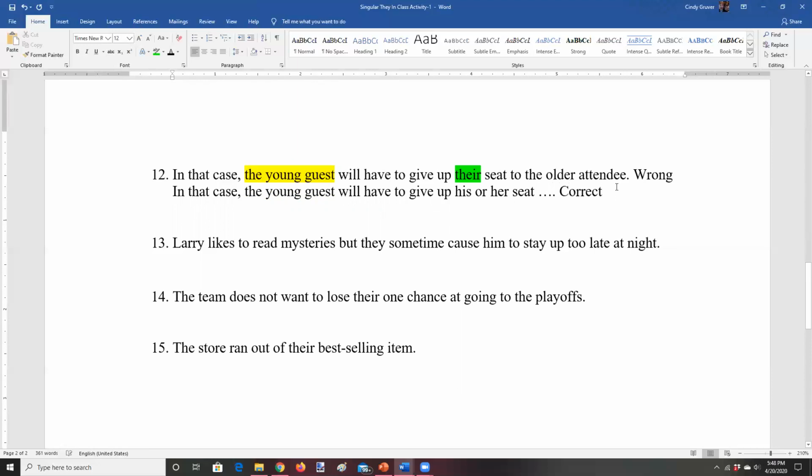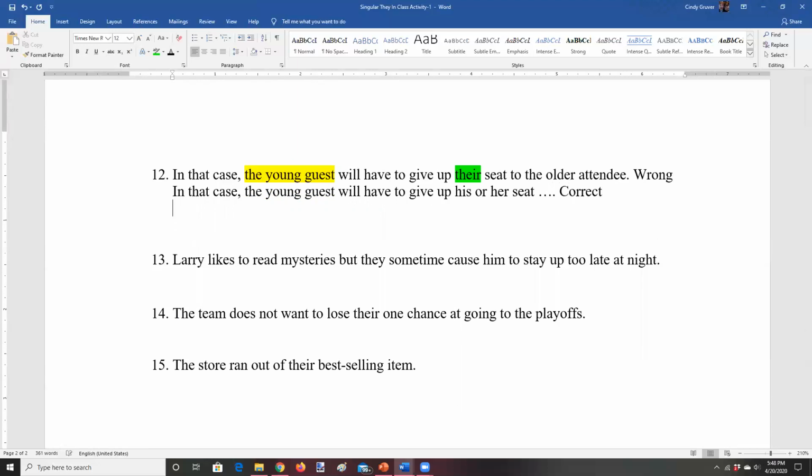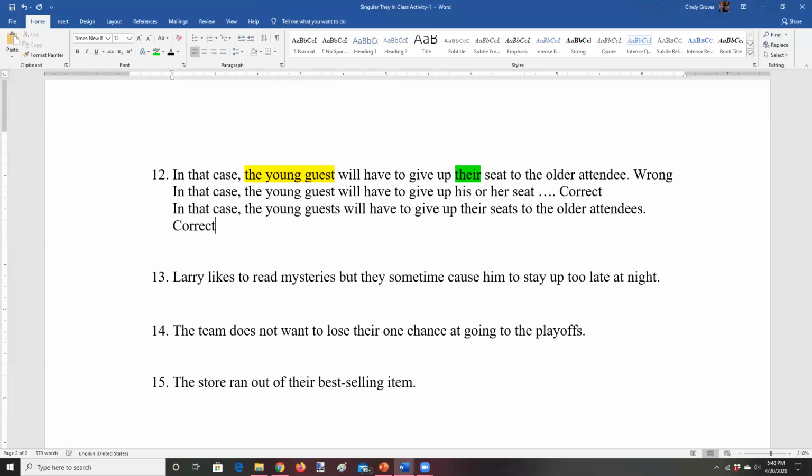And I'm guessing in this situation that it's not referring to a single time. It could happen multiple times. In that case, the young guests will have to give up their seats to the older attendees. Correct.